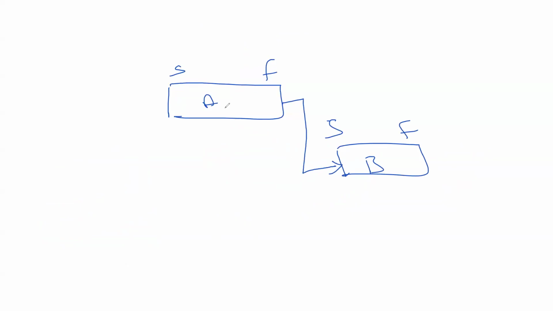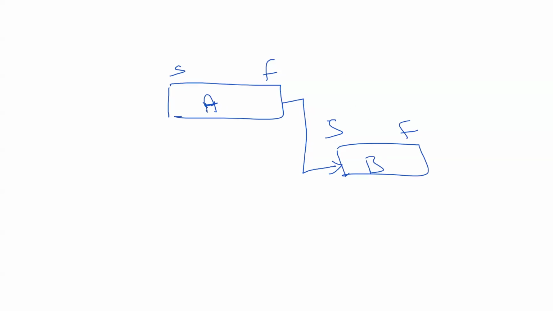So what does that tell you? There is a finish to start relationship between A and B. Finish of A is driving the start of B. So A is the predecessor, the driver is the predecessor, the driven activity is the successor. They haven't mentioned anything here, which means it is by default finish to start.